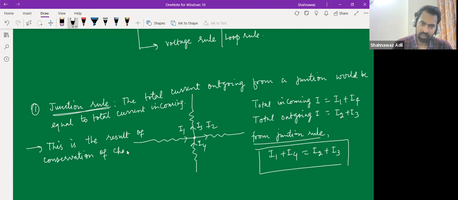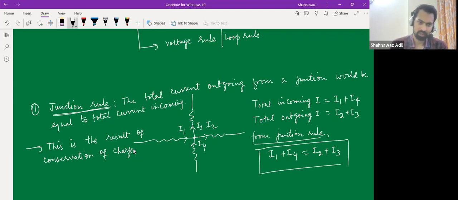Right. In the first chapter, you learned that charge has 4 properties: one was quantization, second was additivity, third was conservation. So due to conservation of charge, this will happen. Okay, so you guys please note it down and then we'll talk about the voltage rule.